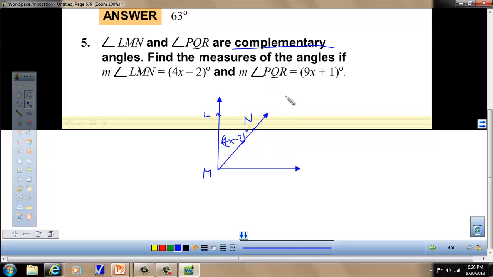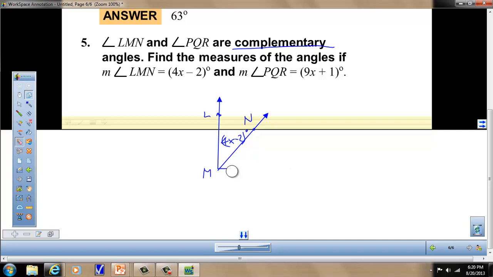And, oh, we can't use that. Okay, they're complementary, but they're not right next to each other. They have completely different things. So I'm going to have to erase this. And I'm just going to have to draw another angle that looks like it is complementary. So I'm going to draw one parallel to that. I'm going to draw one like this.